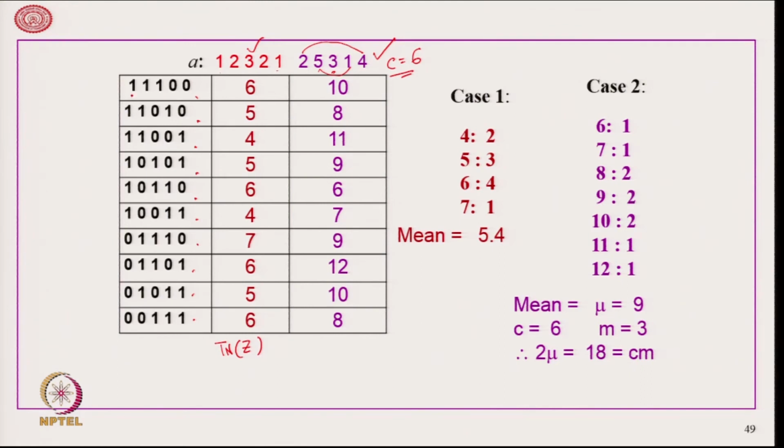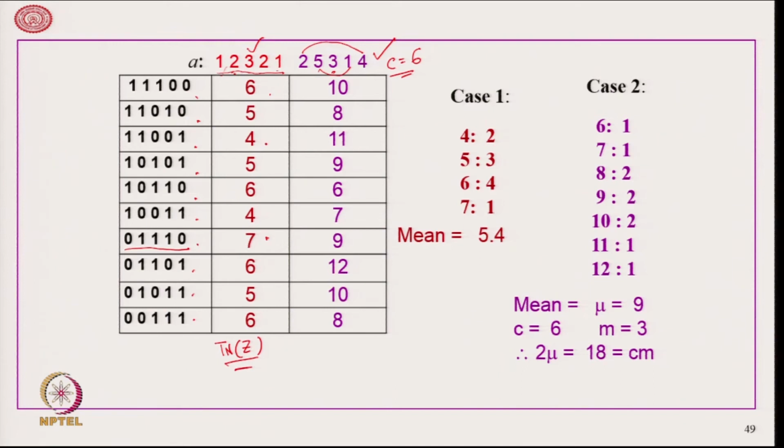For illustration, when it is 1, 1, 1, 0, 0, its dot product with 1, 2, 3, 2, 1 is going to be 1 plus 2 plus 3 is equal to 6. On the other hand, if I consider 0, 1, 1, 1, 0, then its dot product is going to be 2 plus 3 plus 2, therefore, this is going to be 7. Therefore, what is going to be the distribution of T n Z?